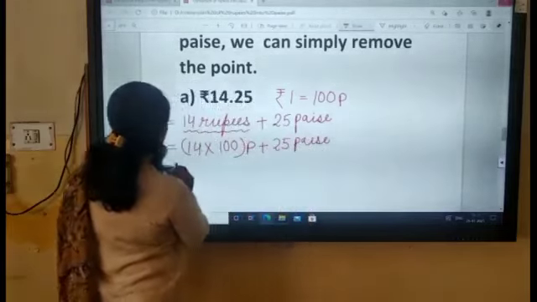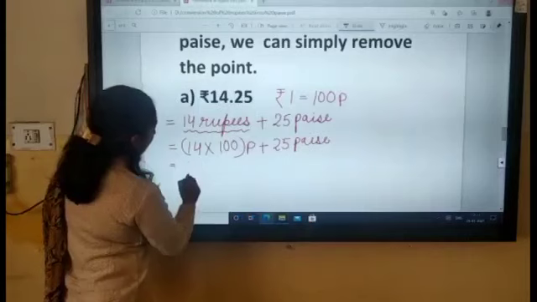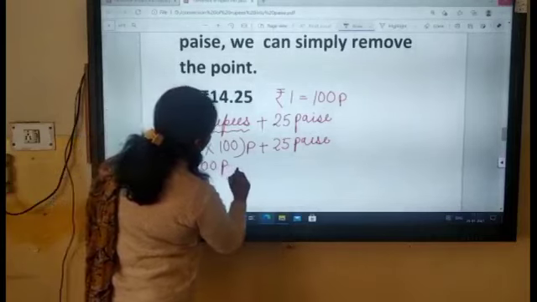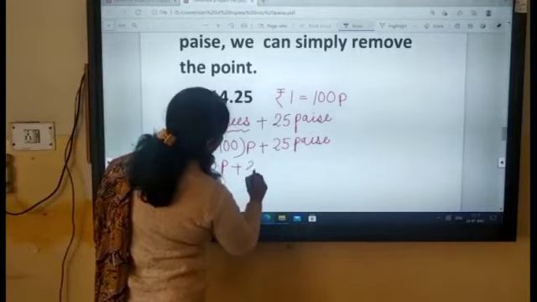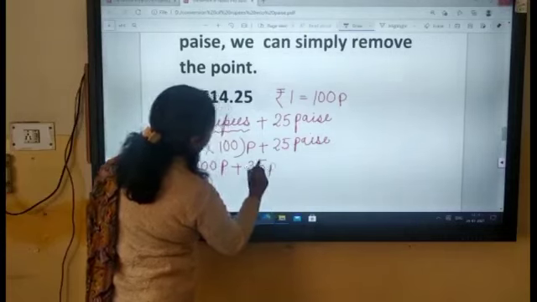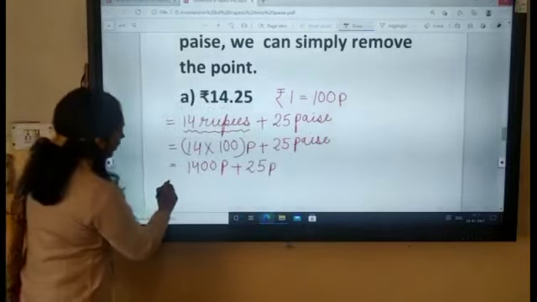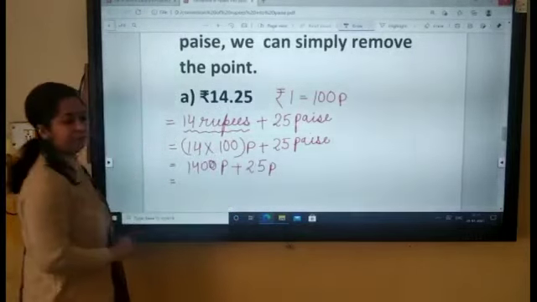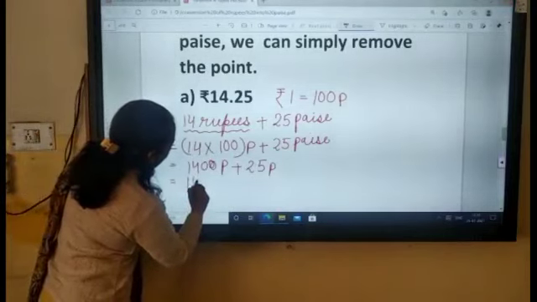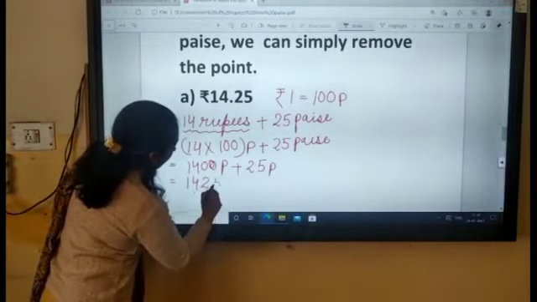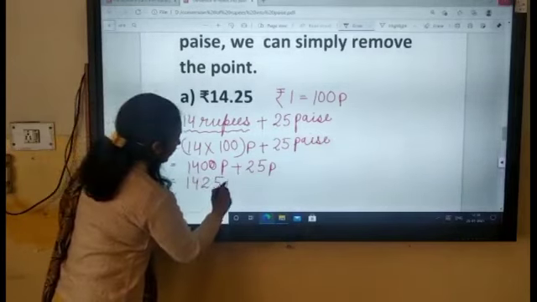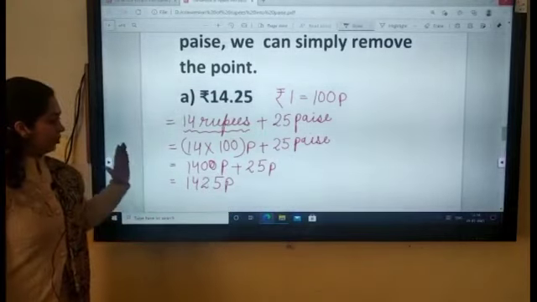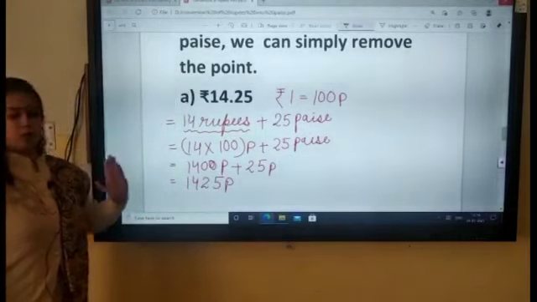So when we will multiply 14 with 100, we will get 1400 paise, and 25 paise is also already given. So now if we will add 1400 plus 25 paise, we will get 1425 paise.